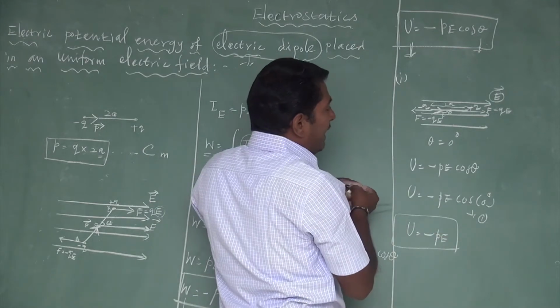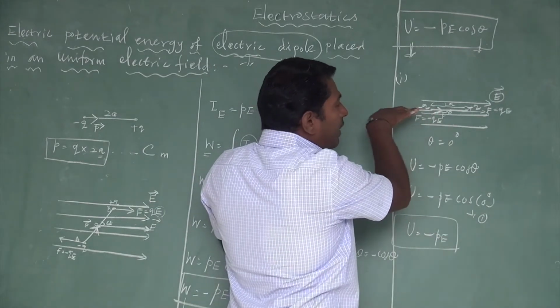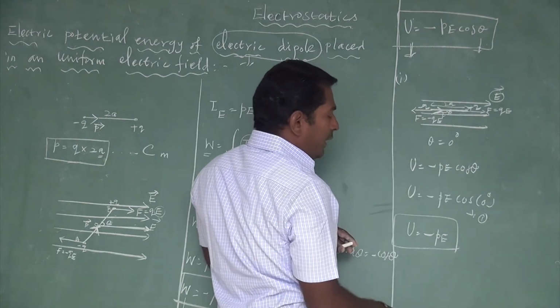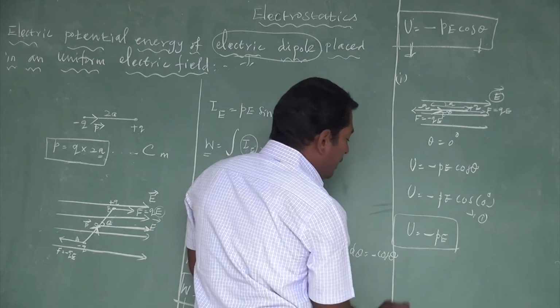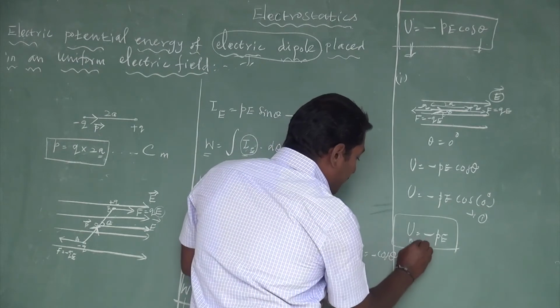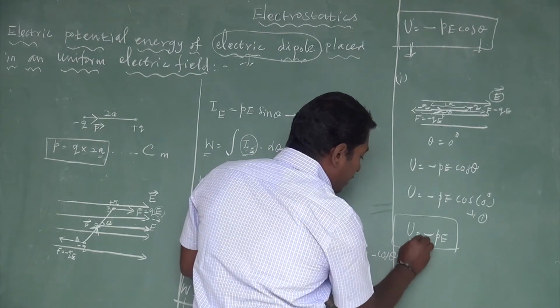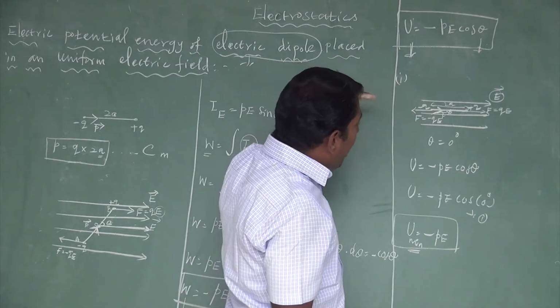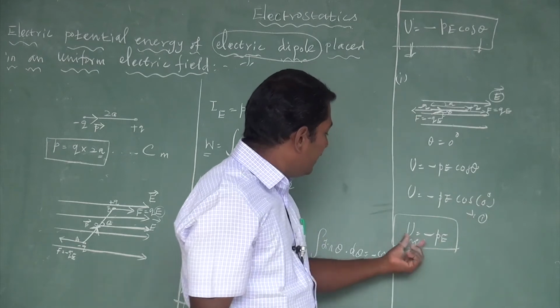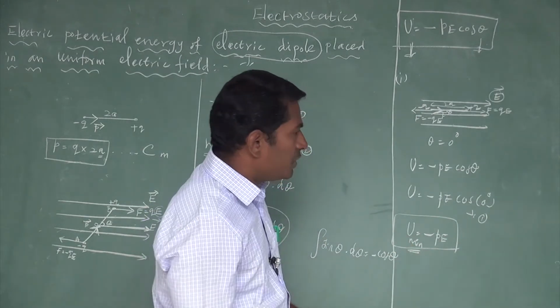So if the electric dipole is lying along the direction of the electric field, the electrostatic potential energy U is equal to minus pE. It is the minimum electrostatic potential energy possessed by an electric dipole placed along the direction of the electric field.